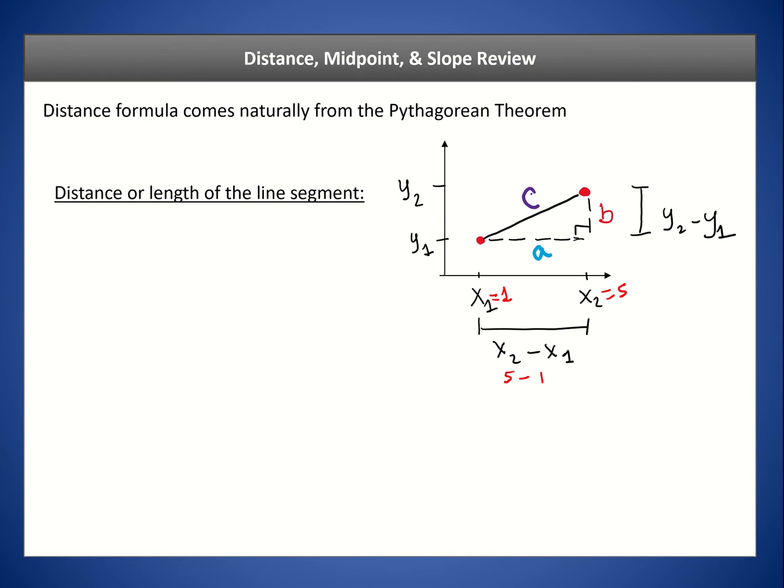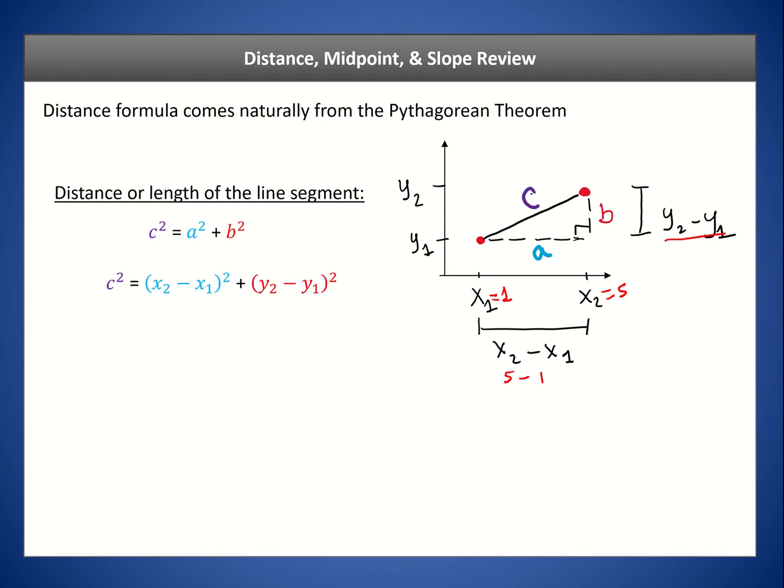And remember that c on the right triangle represents the length of the hypotenuse, which is the convention that we use here. So we have a squared plus b squared equals c squared. We're going to replace a with x2 minus x1 and b with y2 minus y1.